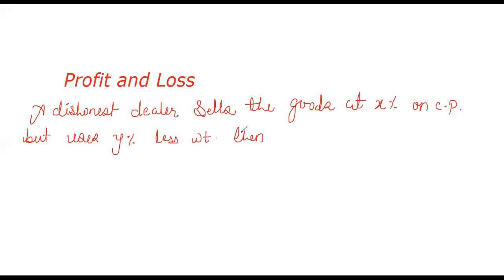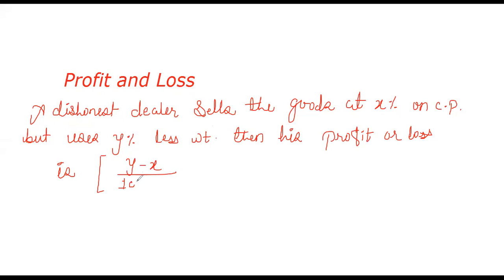Then his profit or loss will be calculated with the formula (y minus x) divided by (100 minus y) into 100, and according to whether the sign is positive or negative, it means profit, and negative means loss, as per the given condition.